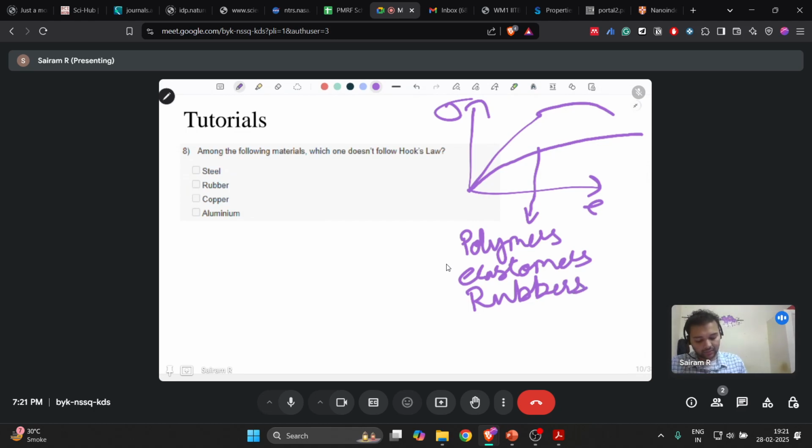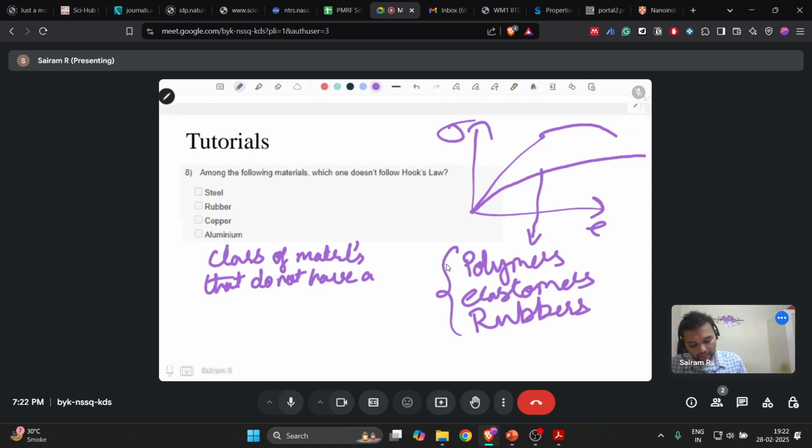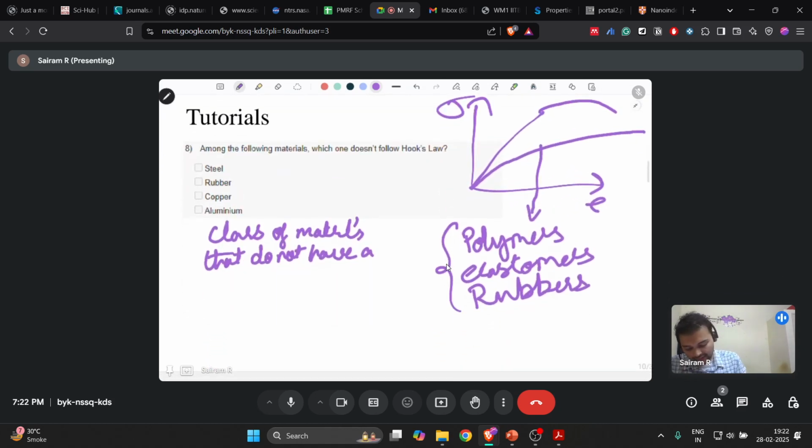These are classes of materials which don't follow Hooke's law, that do not have a linear elastic region, and they don't follow Hooke's law.